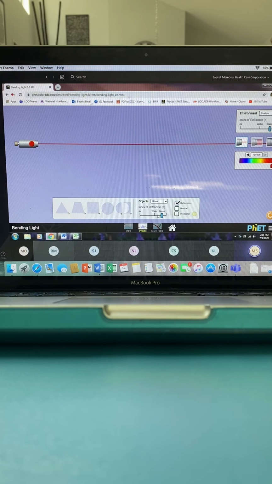If you are changing the medium, what will happen? You can see that way. And if you have a protractor, you can measure the angle, as we did before.